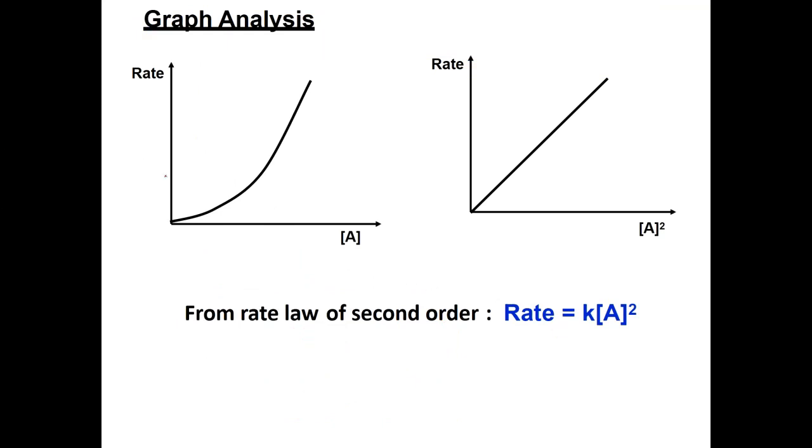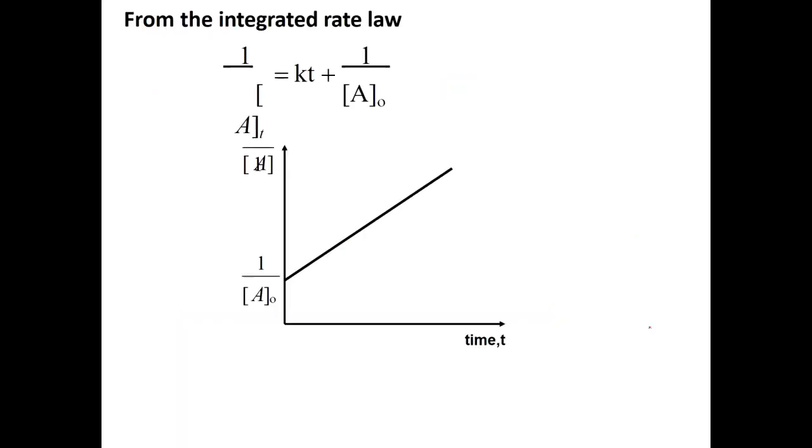This one is the graph analysis for the second order. When we plot the rate versus A, it will be like this. The rate to the concentration to the power of 2 will be like this. This one is for second order.